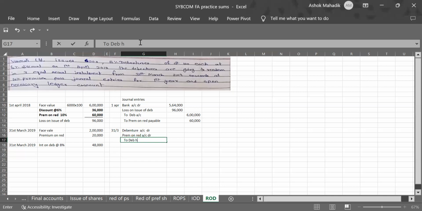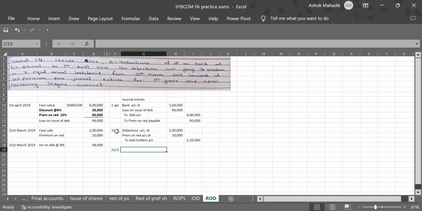Clear? See here, we had recorded these two values. The debenture which is redeemed is worth 2 lakhs, and we are paying 10% extra on whatever amount we are repaying. So total payable is 2,20,000.